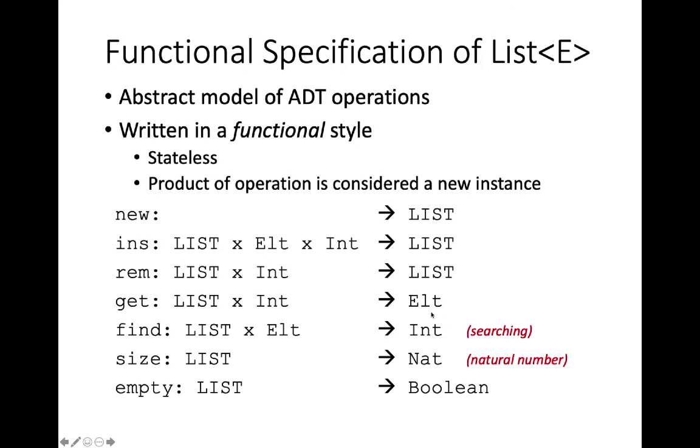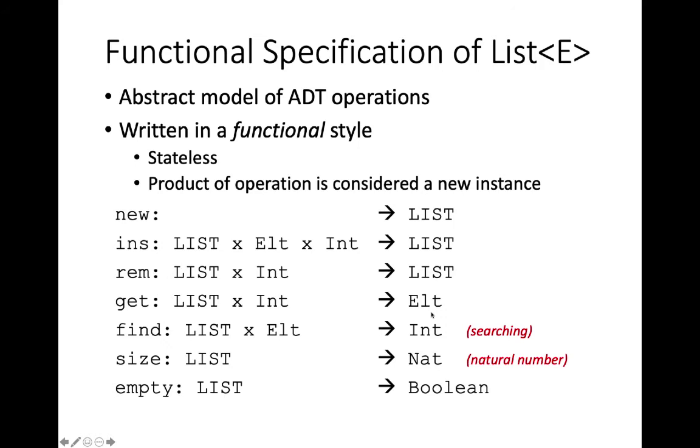And in this functional style, it's stateless. In other words, the result of these functions is a new thing. Whereas when we implement it as objects, we're probably going to mutate our objects. We can talk about implementations that mutate or don't mutate, but in general, we'll probably implement these things in a way that is object-oriented and not necessarily functional.